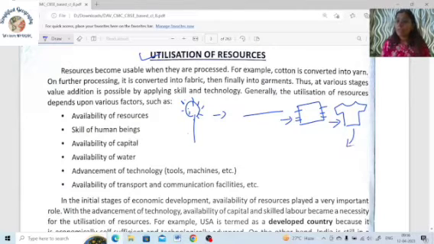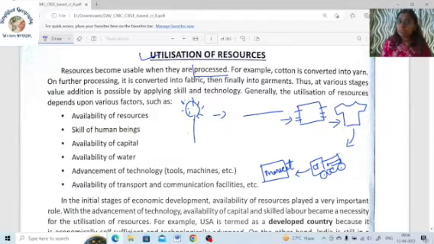And now when you have the finished item, you need good transportation to transport it to the nearby markets. Yes or no? You need a good type of transportation also, so that it can be marketed. So this is how we are processing the resources present in nature. First and foremost, we need to process.